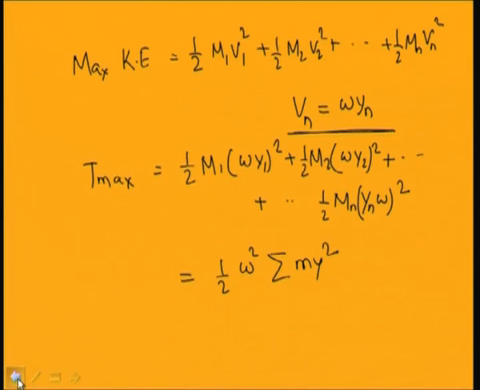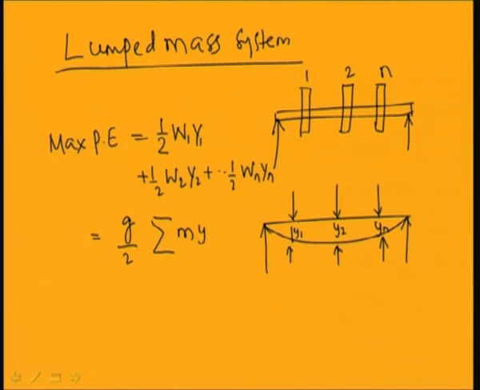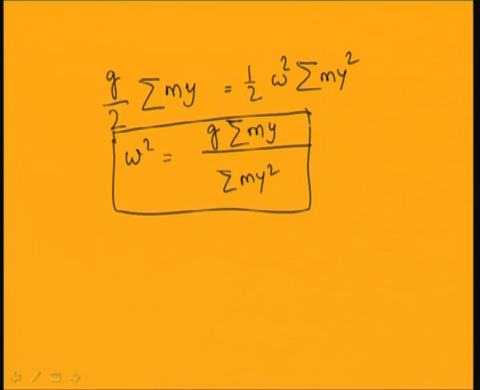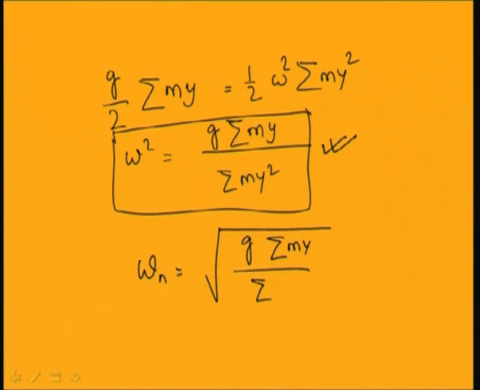You know the mass at each position, and if you know the corresponding displacement, the frequency can be obtained by equating the maximum kinetic energy with potential energy. So, omega n will be equal to root over g summation m y by summation m y square. In this way, when a lumped mass system is there, you may find the natural frequency of the system.